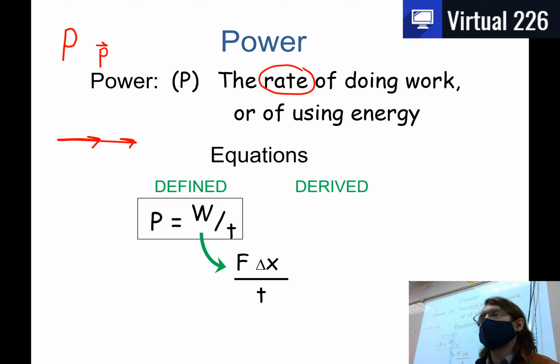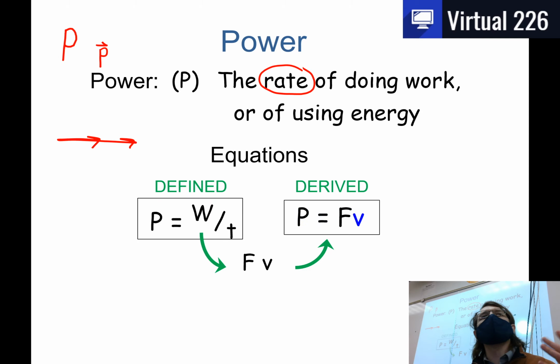Now, if we look at this F delta x over t, a force times a displacement divided by a time, we actually see something interesting with this displacement divided by a time. This is actually one of the first things we saw when we talked about motion in the world of physics. Displacement is measured in meters. Time is in seconds. Meters per second is nothing more than a velocity. So we can say that while power is a work divided by a time, we can also think of it as a force acting on an object with some velocity.